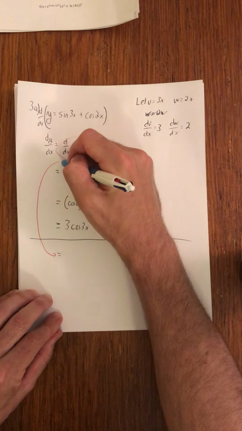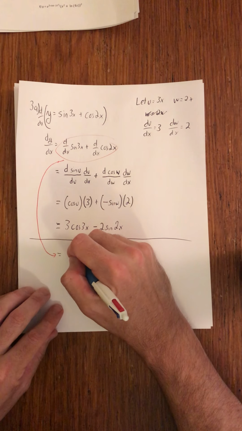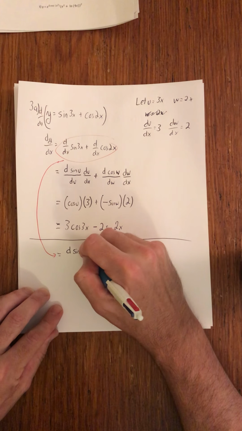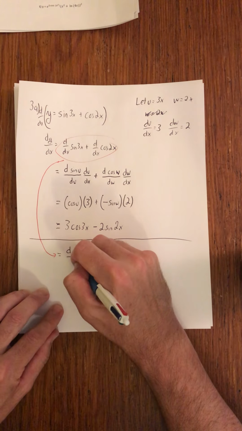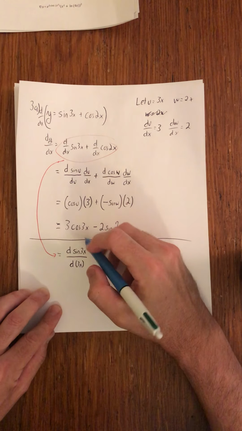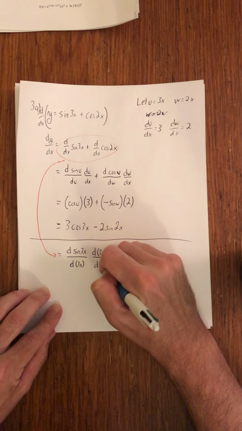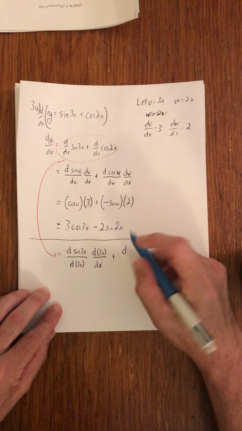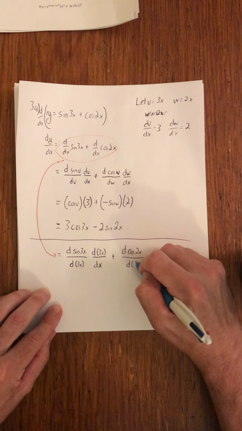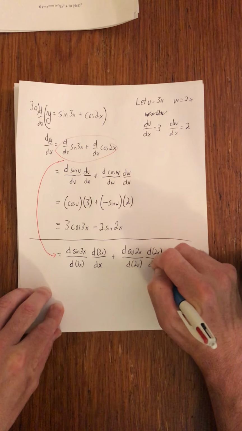So boom, from here. Rather than even doing the let statements, what you can say here is the derivative of sine of 3x with respect to 3x, and then this just remains d 3x dx, and then the derivative of cosine of 2x with respect to 2x, and then d 2x dx.